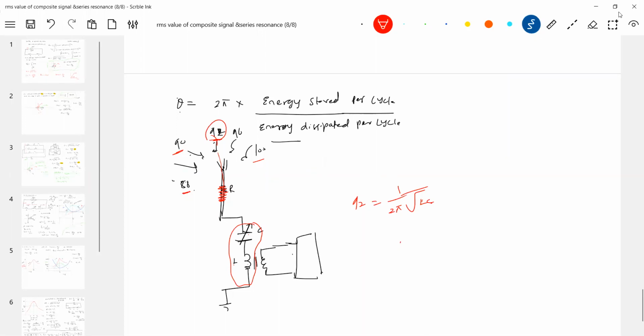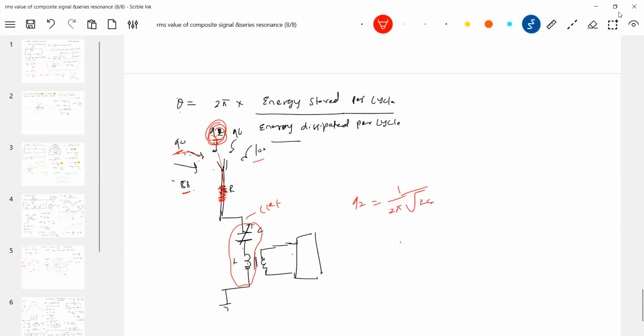What about the 90 megahertz? A signal will come and strike the antenna. Then the current due to this particular frequency signal will be very less because it's not at resonance. So current will be maximum only when the frequency of the incoming signal becomes equal to the frequency of the circuit. Now this is a circuit.